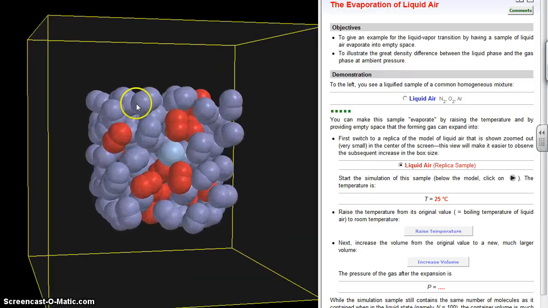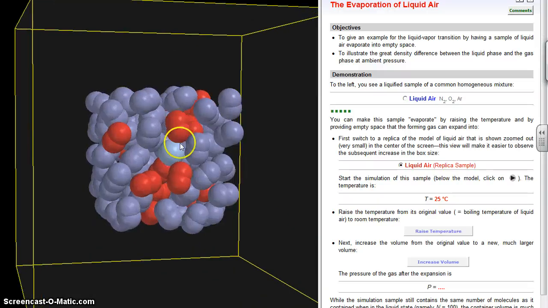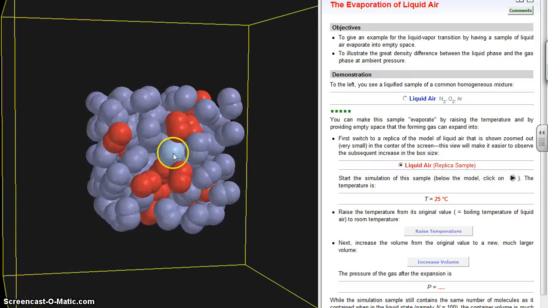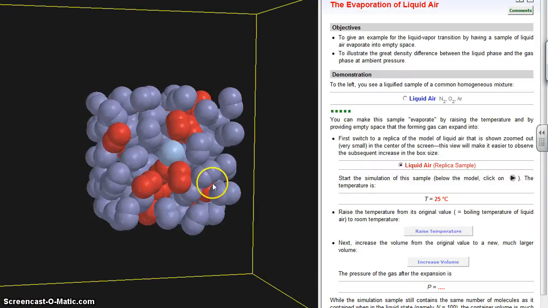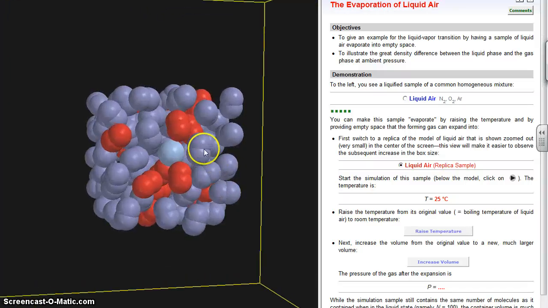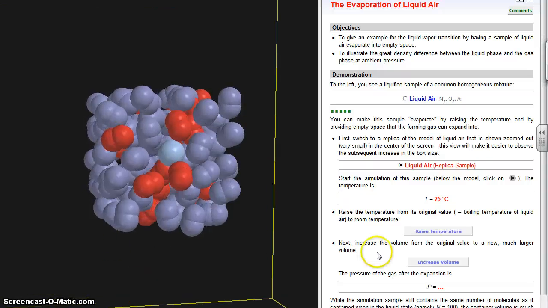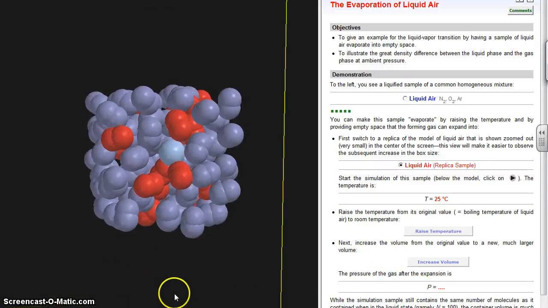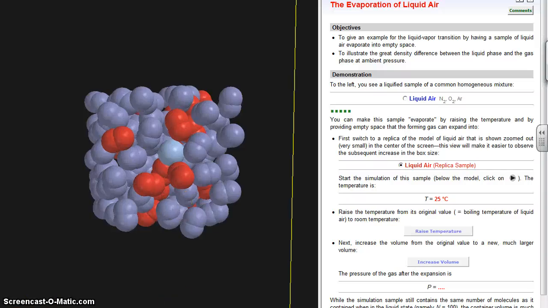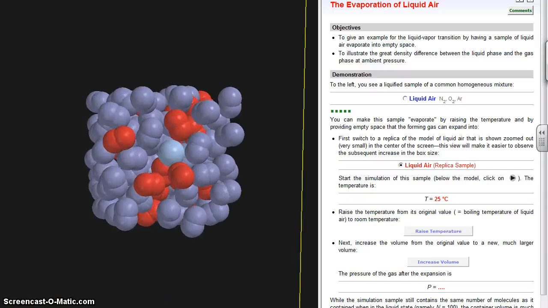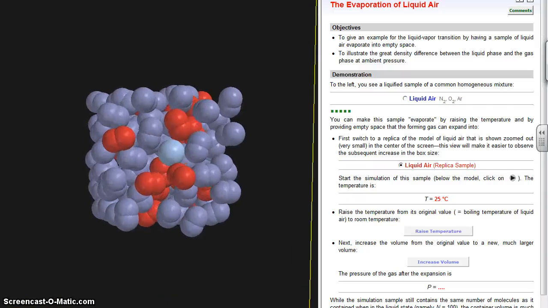This is an N2, this is an O2. That little atom in there is unattached, and so these are diatomics. That's a molecule. That pair there, that's a molecule. And this is currently liquid air. This is what nitrogen, oxygen and argon would look like if you compress them to a liquid.